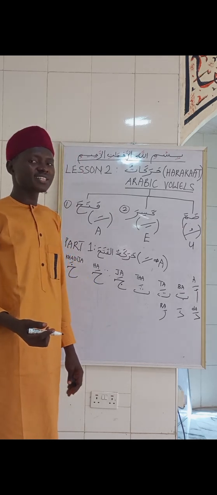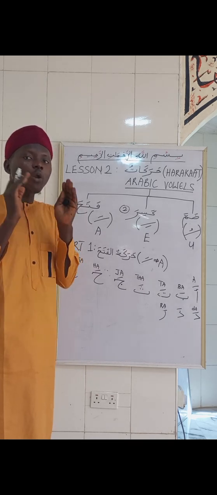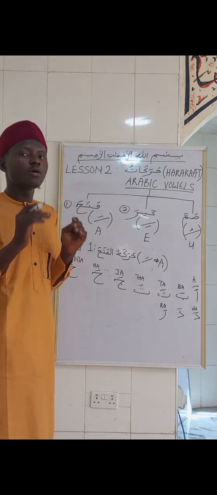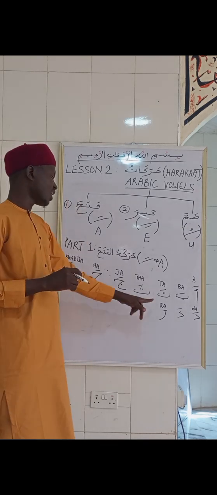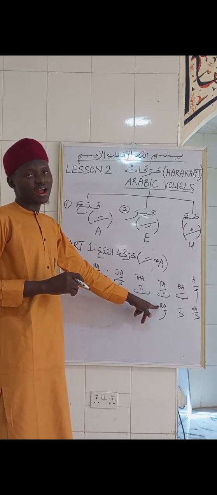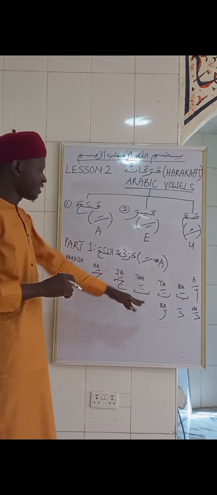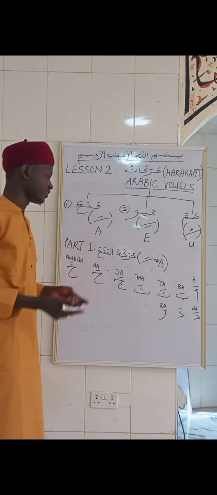No, raw fatha is not Ra, because it is a heavy raw. And you can't pronounce this one in English. You say Ra. So at times they might not coincide.